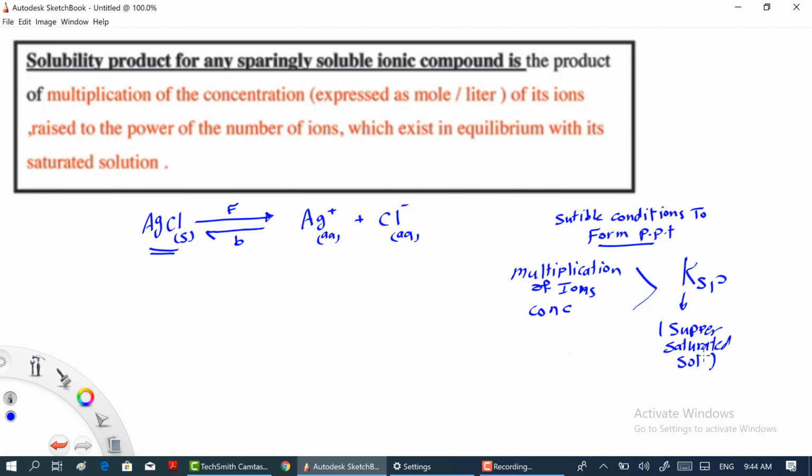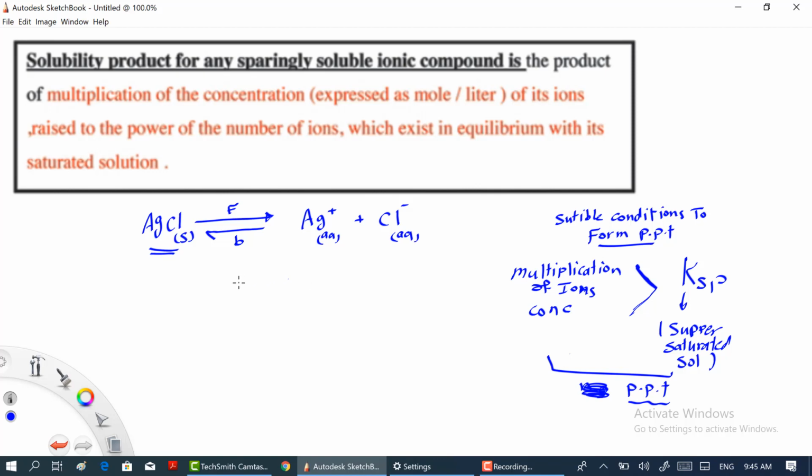So in this case PbT is formed when the multiplication of the ion concentrations is greater than the value of the Ksp.